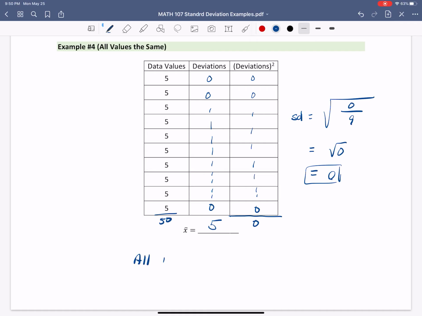So that's one important thing to get out of this. The standard deviation is going to be 0 if all the values are equal. And if you think about it, it makes sense. The standard deviation is kind of the average deviation that something is from the mean.